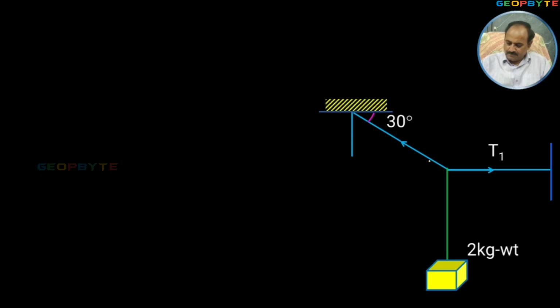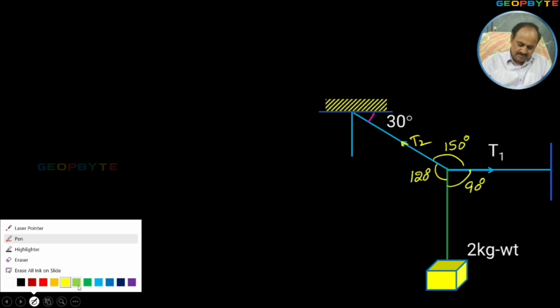So we have decided this is T2, and this is 120, this is 150 and this is 90. The sine rule is also called Lami's theorem.